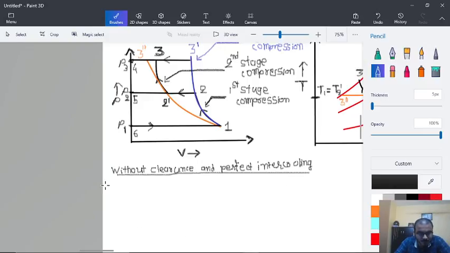So process 1 to 2 will be polytropic compression in the low pressure cylinder.